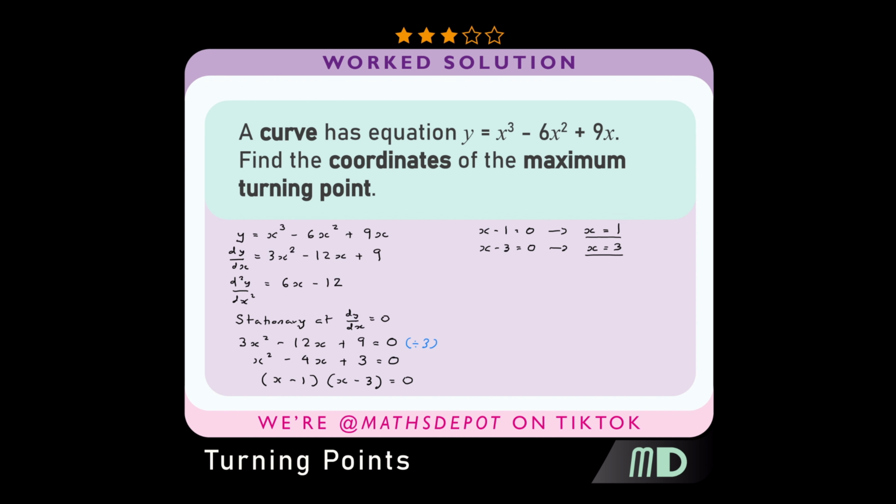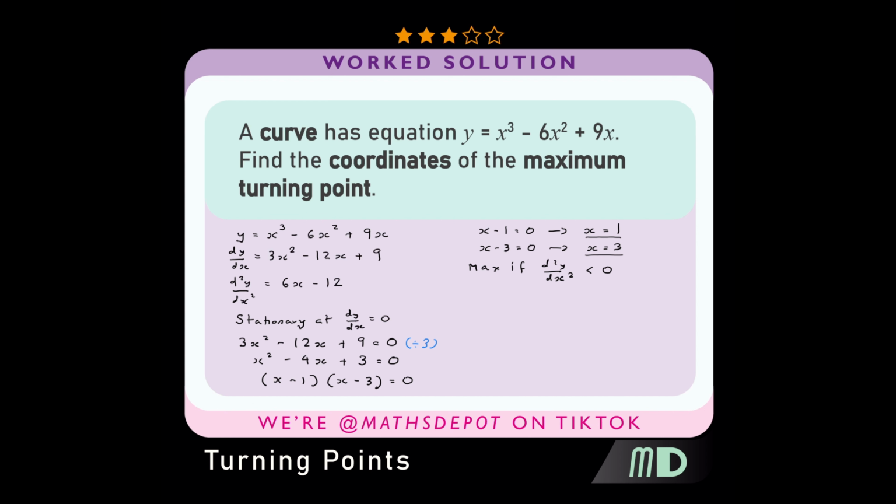Using the second derivative, which is 6x minus 12, we can determine the nature of each point. If the second derivative is less than 0, the point is a maximum. And if it's greater than 0, the point is a minimum.